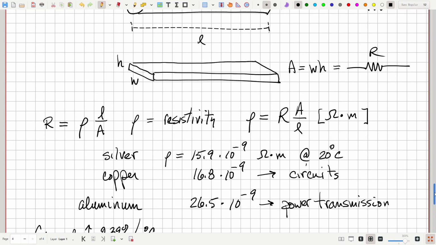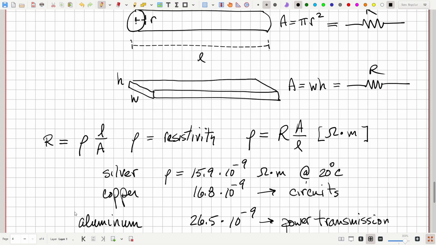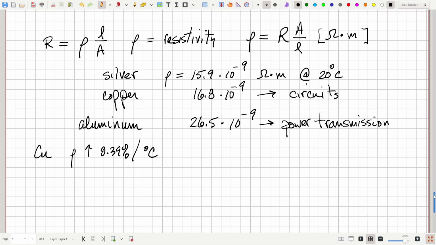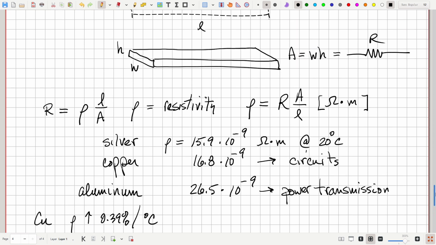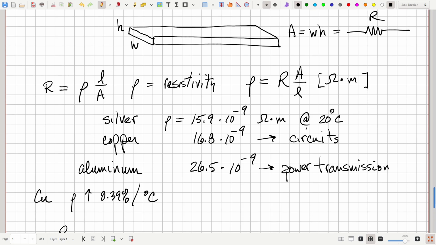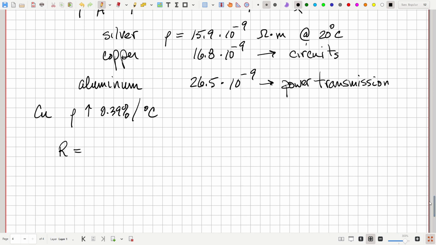All right, let's see how to use this formula here. Let's say we have a copper wire, and so we're going to have a resistance, which is going to be this rho value, which is here 16.8, or to 4 digits, it's actually 16.78 times 10 to the minus 9 ohm meters.